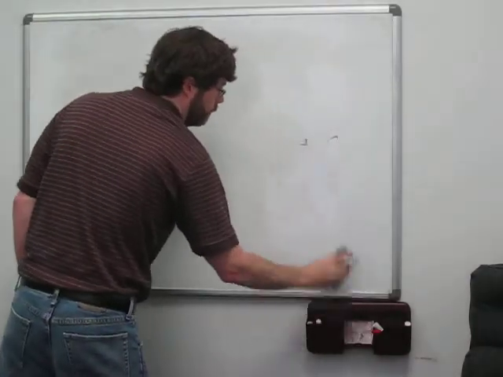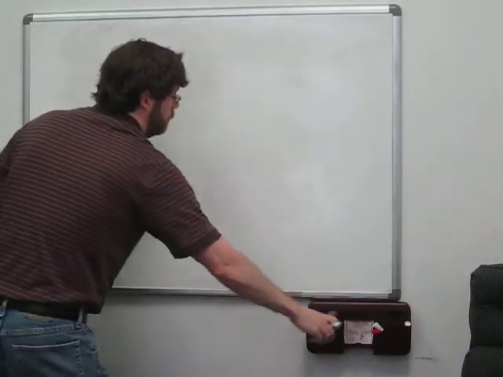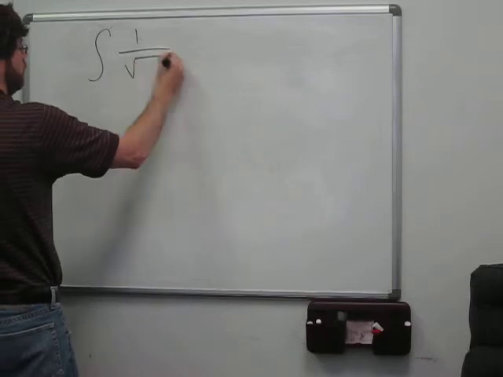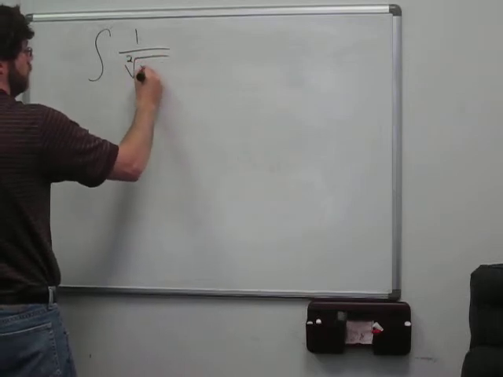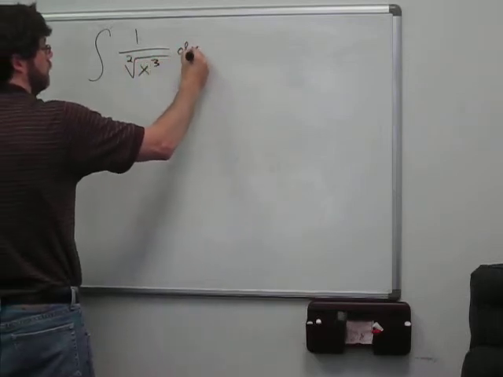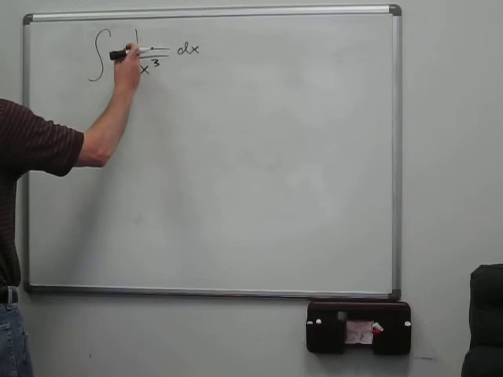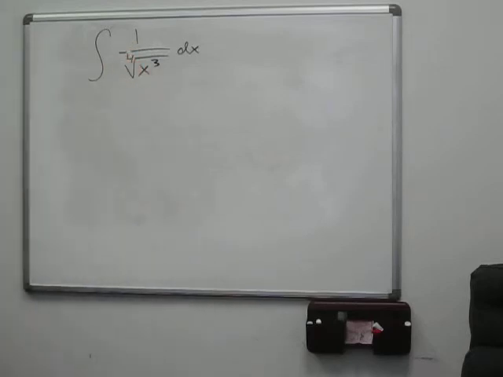Let's just look at one more example. Suppose we have 1 over the fourth root of x cubed.